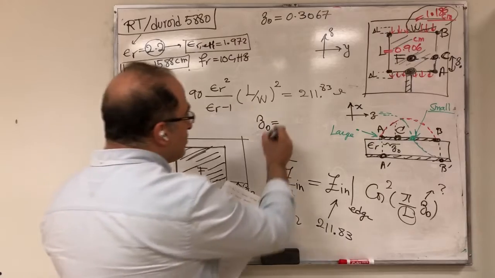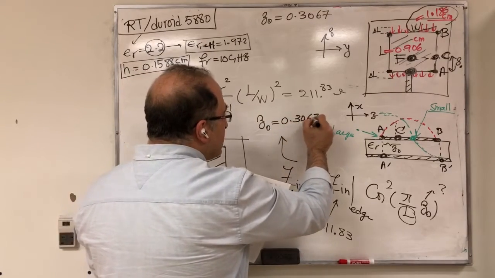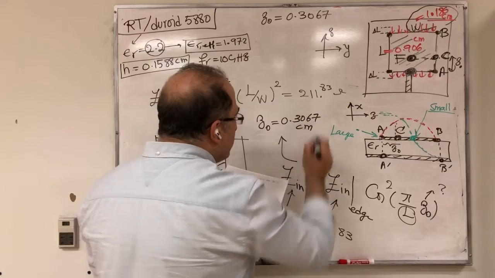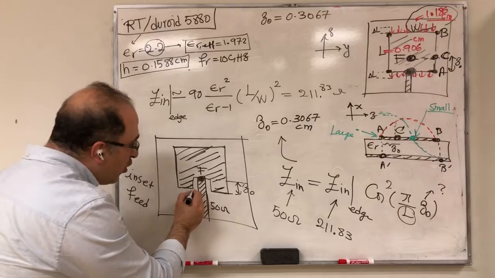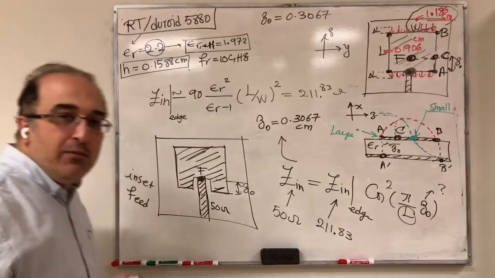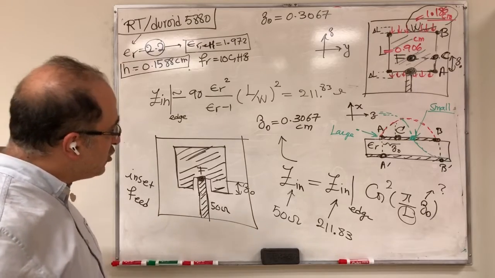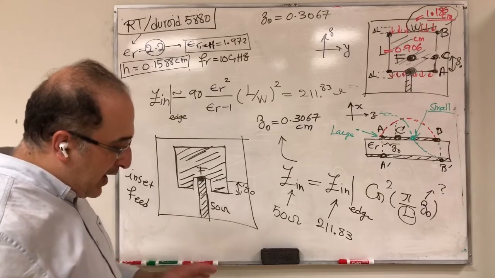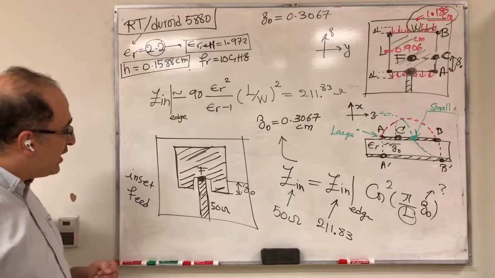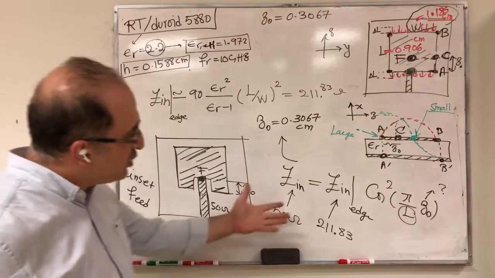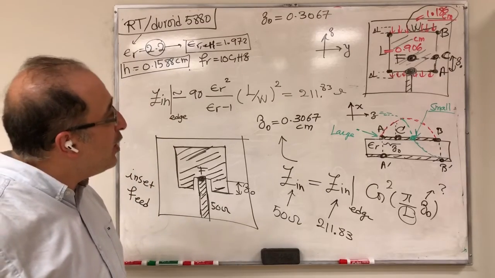Z naught becomes 0.3067 centimeter, about 3 millimeters. So essentially, you need to go in about 3 millimeters to get to the point that you have a good impedance match. So this is essentially the way that you can get to this point F: by solving this equation you can find your Z naught.